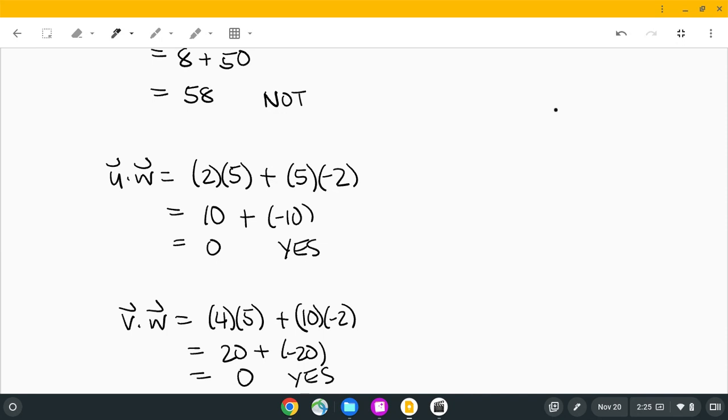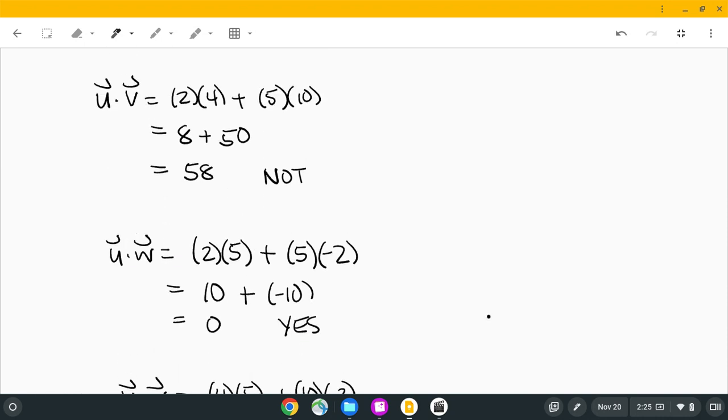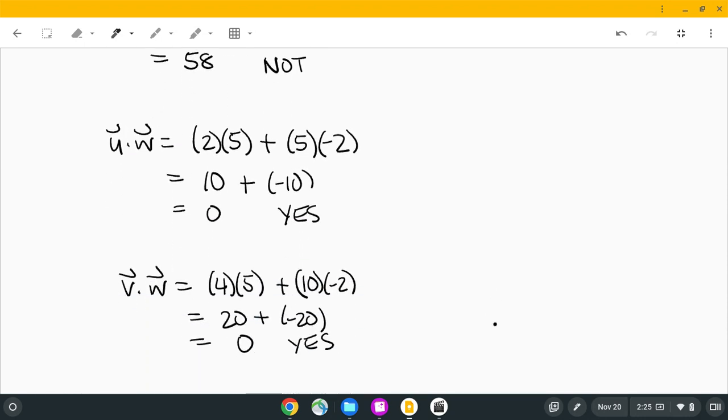That's how you can figure out if two vectors are perpendicular. You don't have to solve for the angle between them. You just have to do the dot product. If you get 0, then the angle between them is 90 degrees.